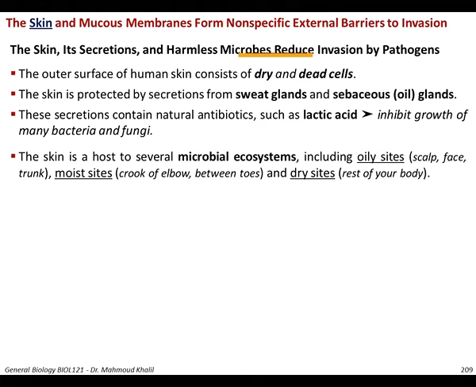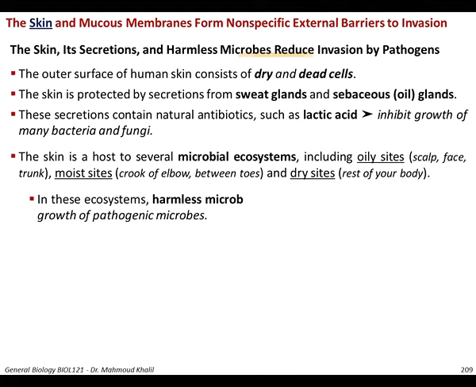The skin as well is a host to several microbial ecosystems, including the oily sites, like the places of the scalp, face and trunk, the moist sites like the crook of the elbow and between toes, and as well dry sites which are all over your body. In this ecosystem, there are a lot of harmless microbes that often produce secretion that as well inhibits the growth of pathogenic microbes.